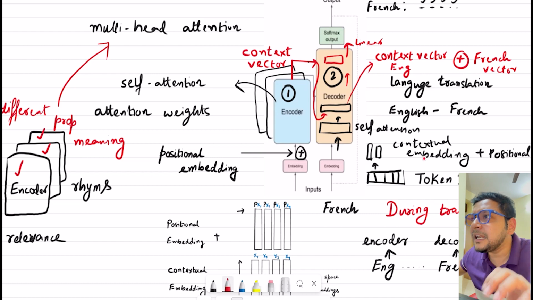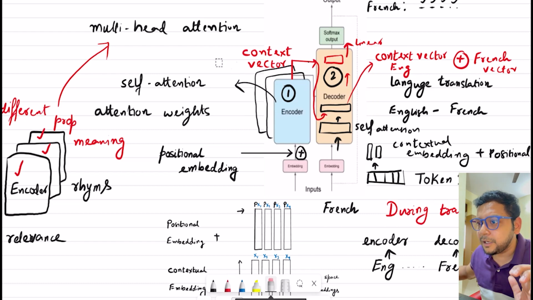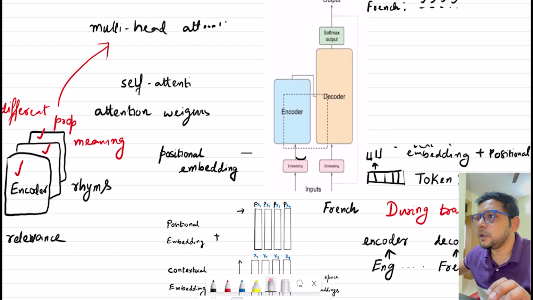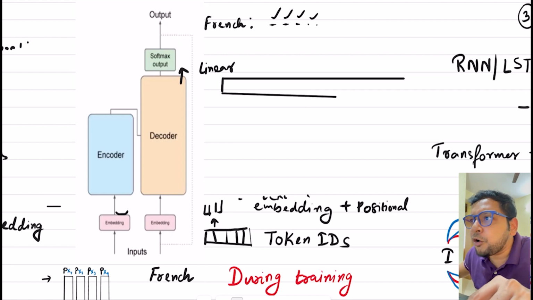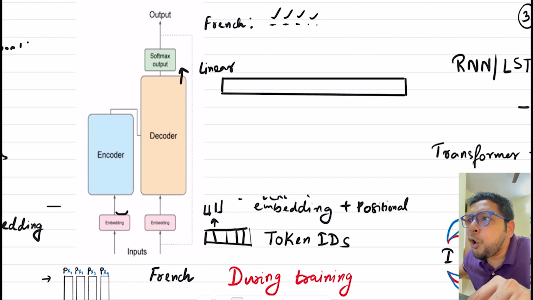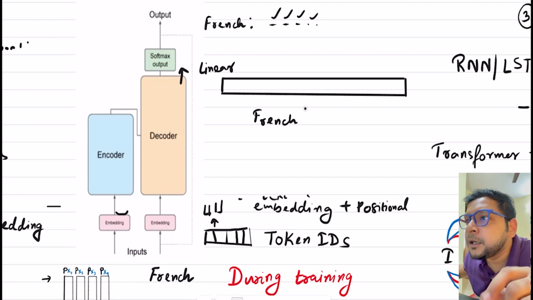What does this linear layer do? Let me tell you in detail. Let me rub this portion. Now concentrate on this portion, what is happening here. Once we get the output from the decoder, there is a linear layer. What it does is it converts all the vectors to all possible words in the French dictionary.